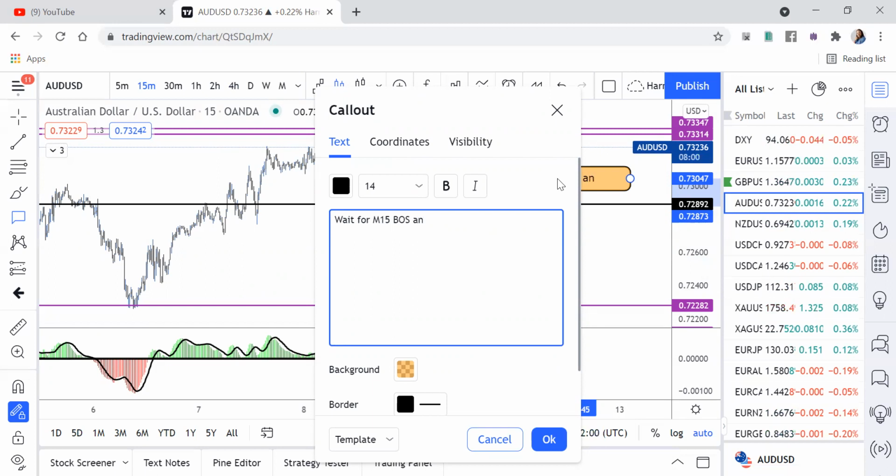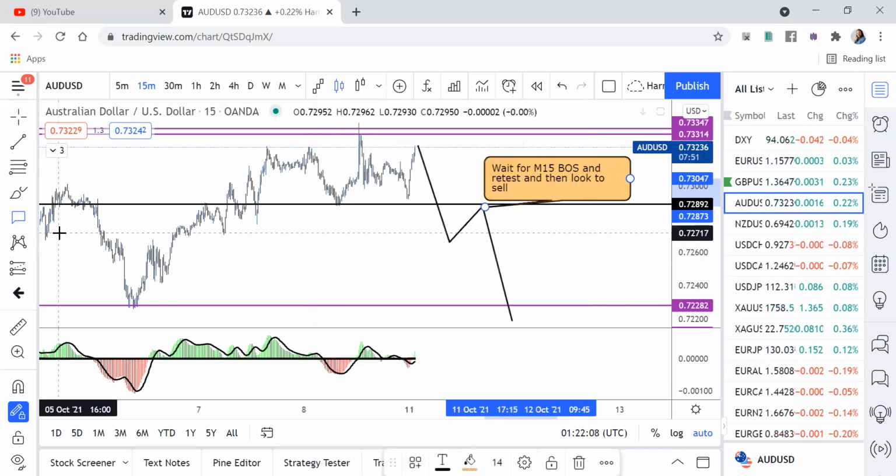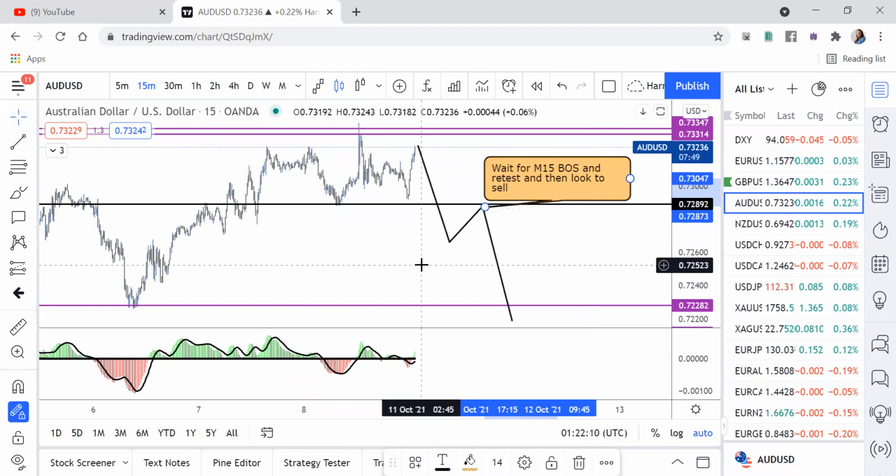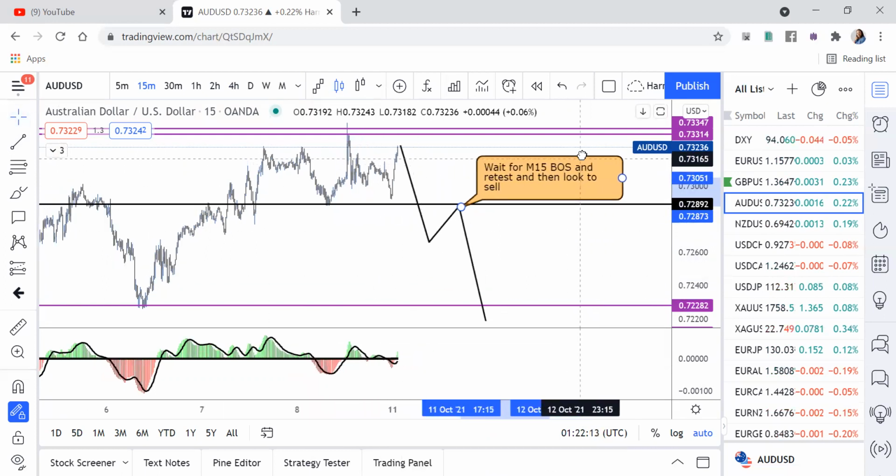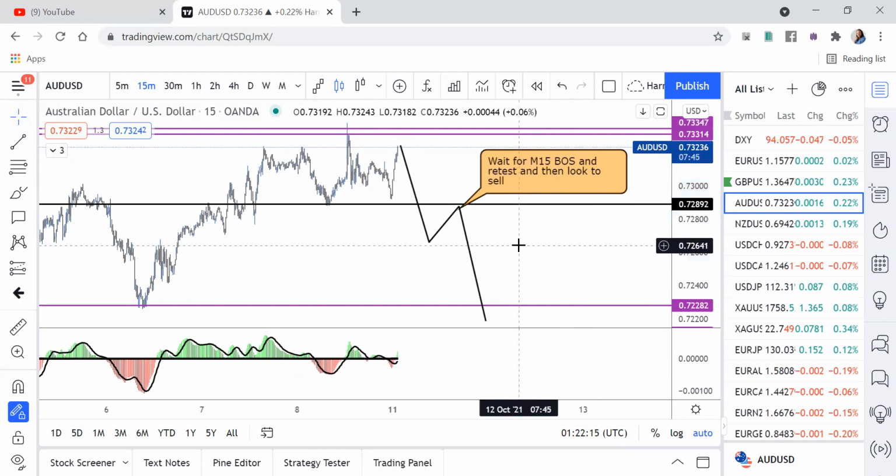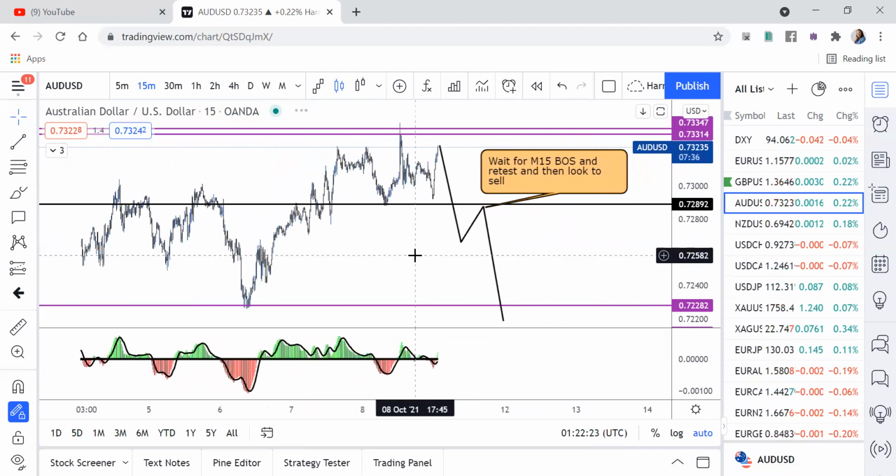We'll wait for M15 break of structure and retest, and then look to sell. That's the move there.